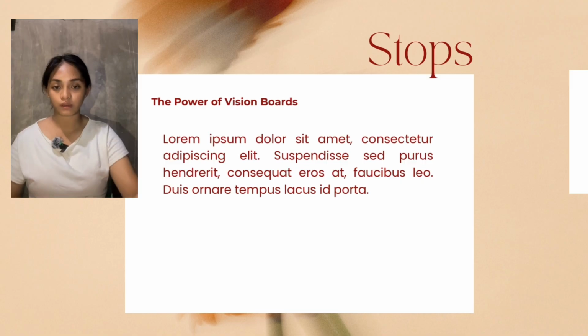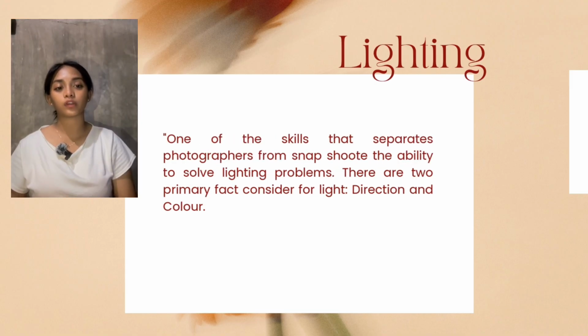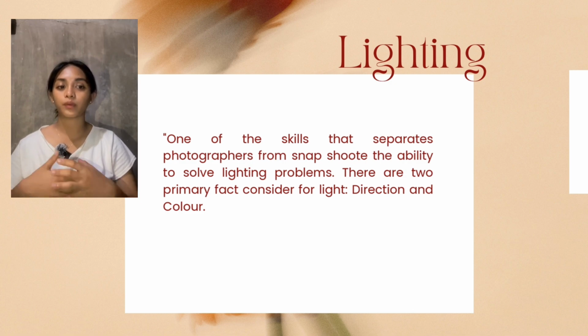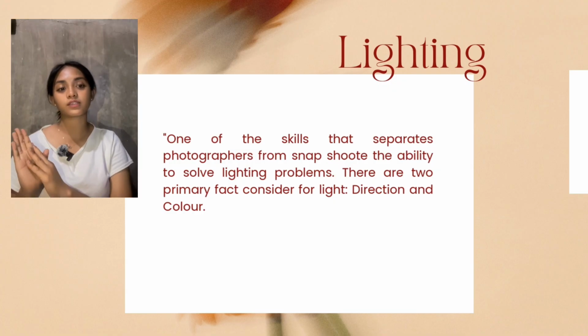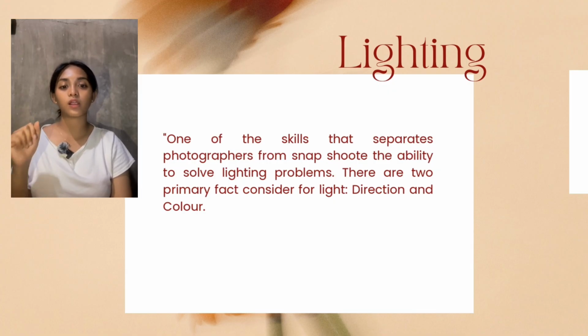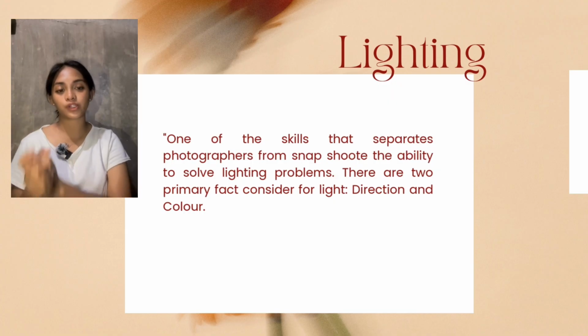So, in the field of photography, a comprehensive understanding of lighting is essential for producing high quality visual outputs. Lighting is characterized by two fundamental properties, which are direction and color. The color of light is measured in degrees Kelvin.